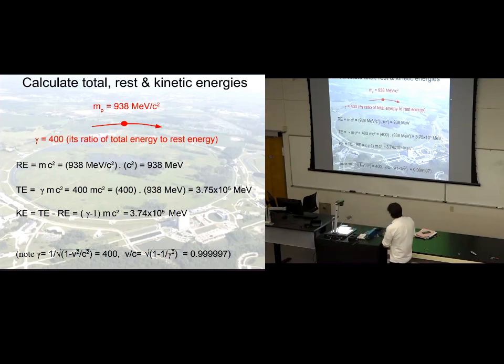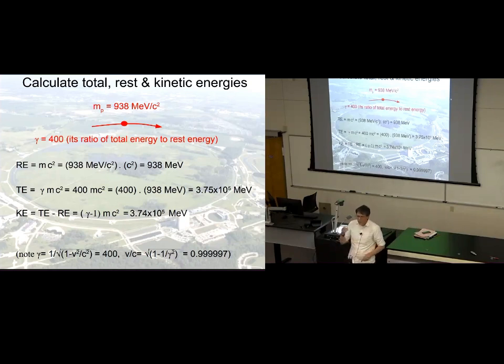That was my final step here. As an equation, it's this equation here. I don't need to use it. I can just subtract 938 MeV from the total energy of 375,000 MeV, and I get 374,000 MeV. And so this is the kinetic energy here.